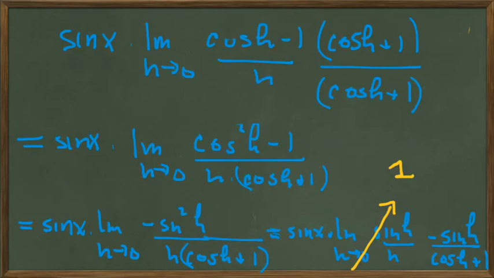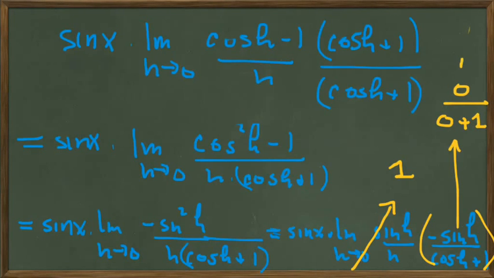We know that for this expression right here, the numerator sine of h as h goes to 0 goes to 0, and the denominator goes to 0 plus 1, and so that factor is 0.